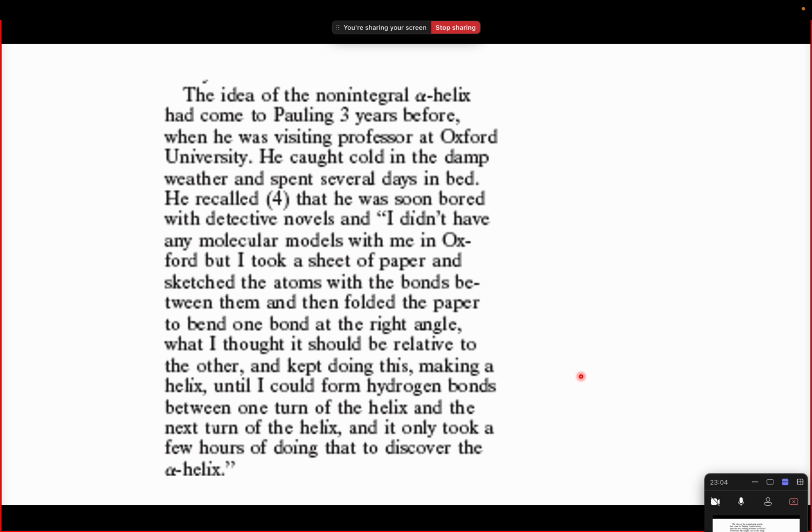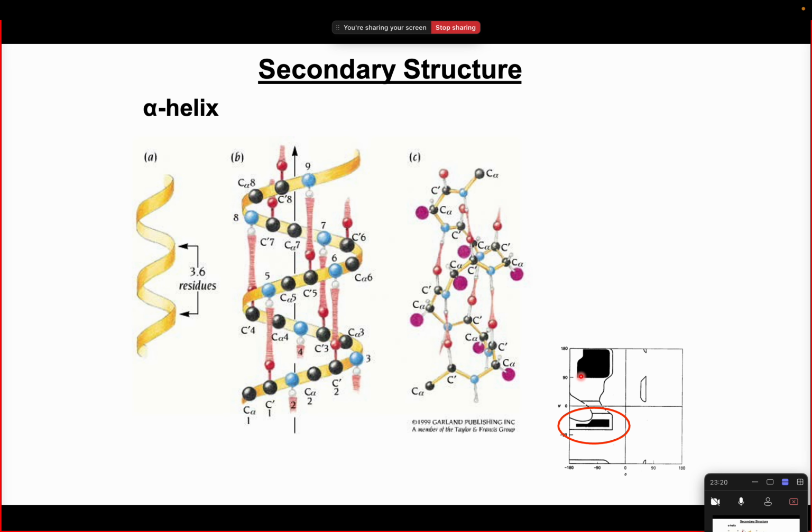What I thought it should be relative to the other, and kept doing this, making a helix until I could form hydrogen bonds between one turn of the helix and the next turn of the helix, and it only took a few hours of doing that to discover the alpha helix."